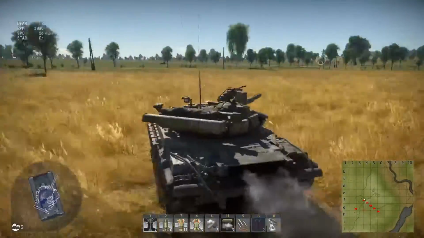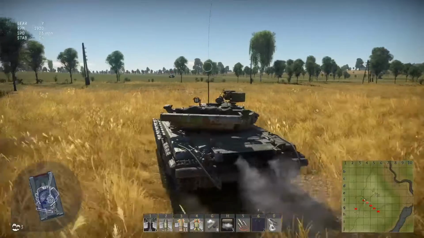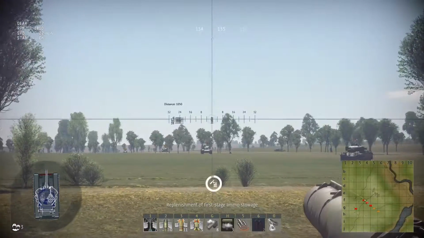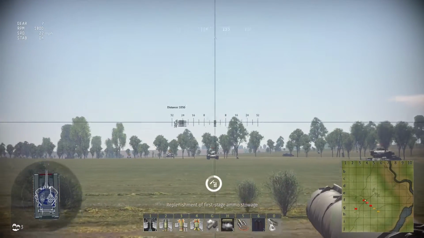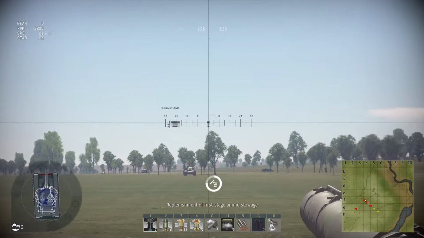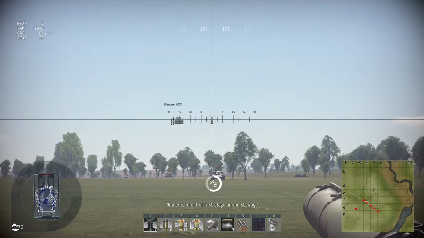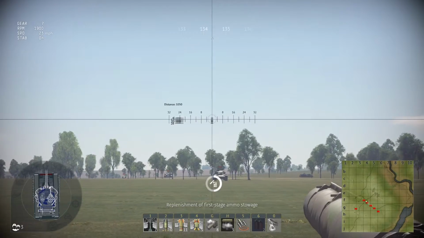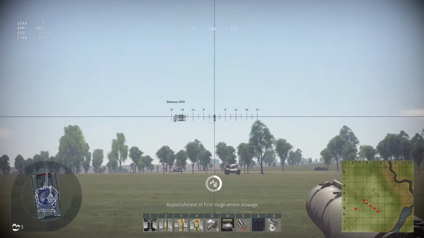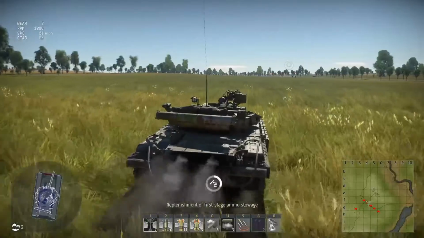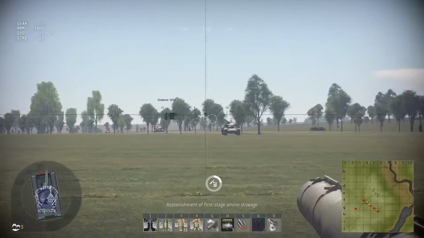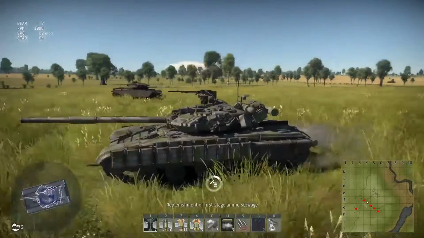Today's video is going to be a really brief little demonstration of something. I saw a post on Reddit this morning where someone was asking what the horizontal line markings on the crosshair are. The 8, 16, 24, 32, they were like, well, what are they? And people were giving wrong answers, basically.